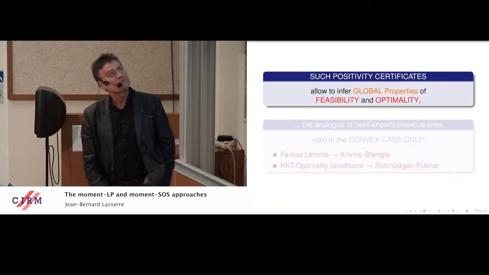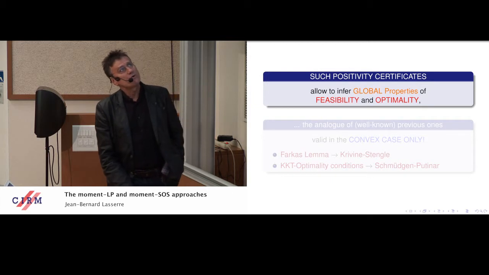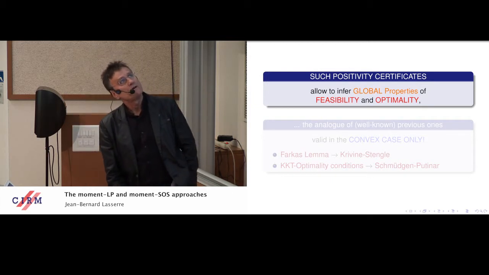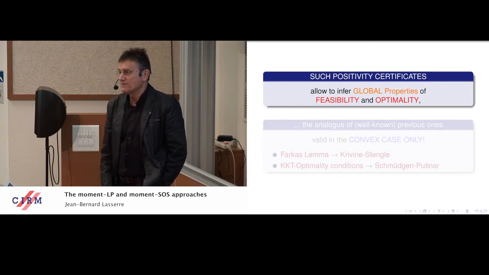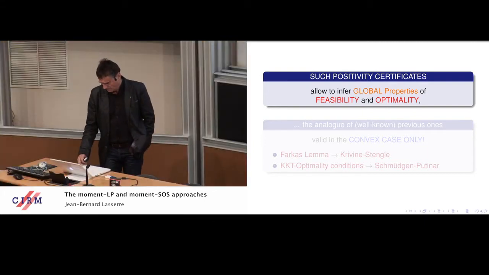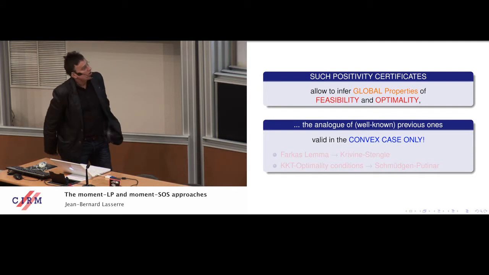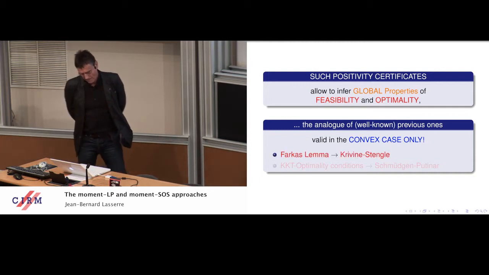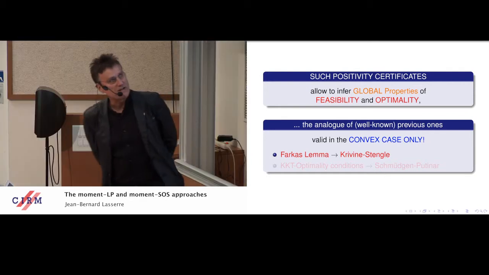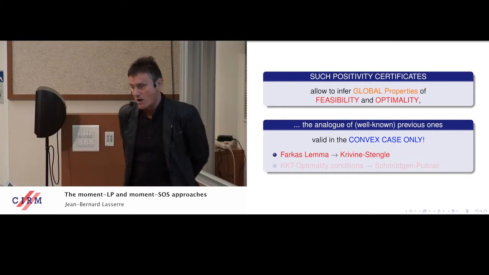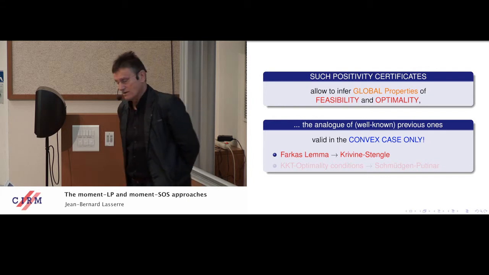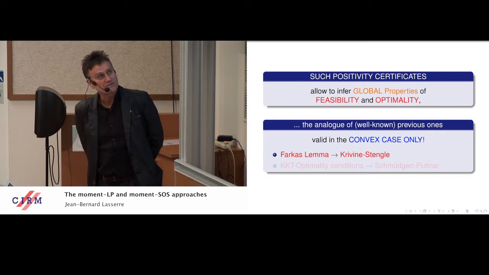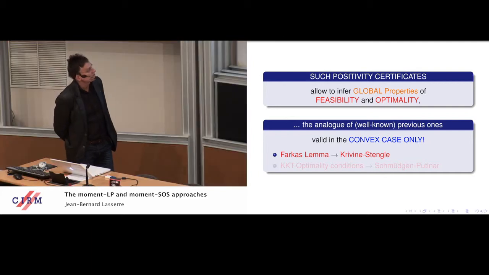So when you have such positivity certificates, they allow you to infer global properties for feasibility and optimality in an optimization problem, which are the analog of well-known previous ones that were valid only in the convex case. One such certificate was the Farkas lemma in linear algebra, which now has a counterpart in nonlinear optimization and nonlinear systems, the Krivine-Stengle positivity certificate.